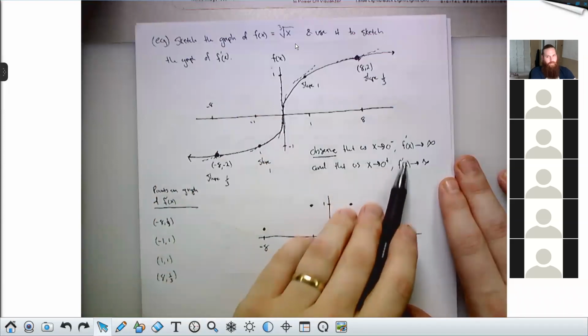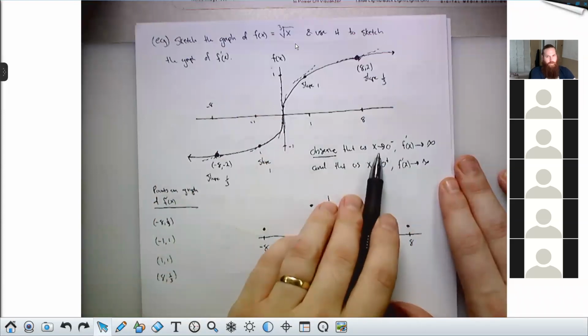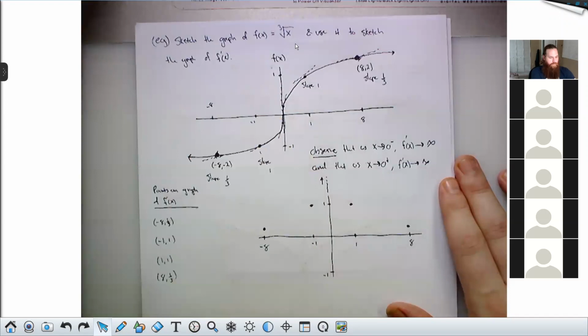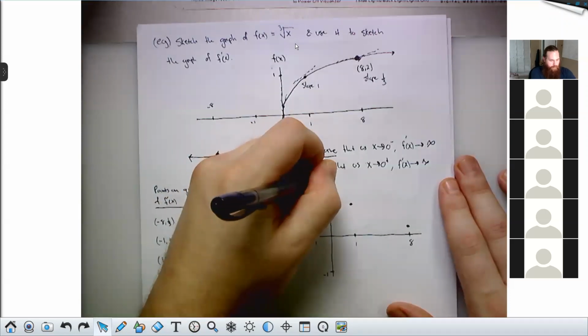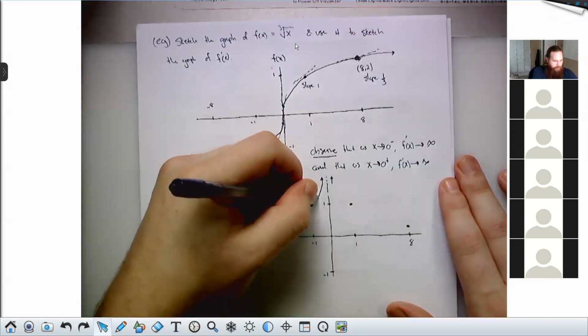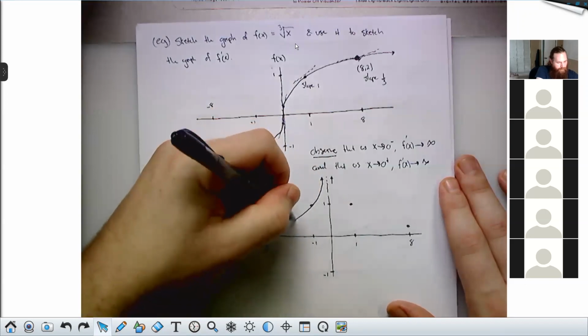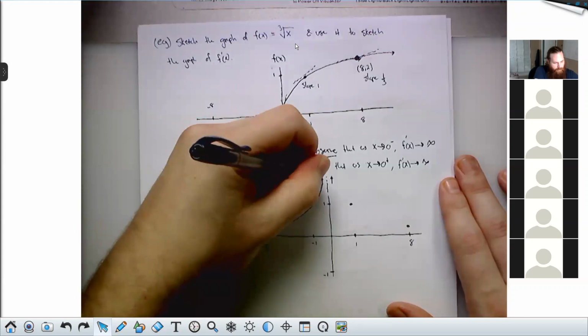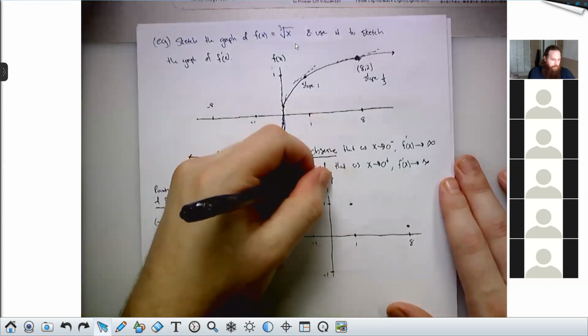And then as I approach 0 from the left, f prime is going up to plus infinity. And as I approach 0 from the right, f prime is going up to plus infinity. So the graph of f prime, in this case, has to look something like this. And it's going way up, all the way up to infinity here, right?